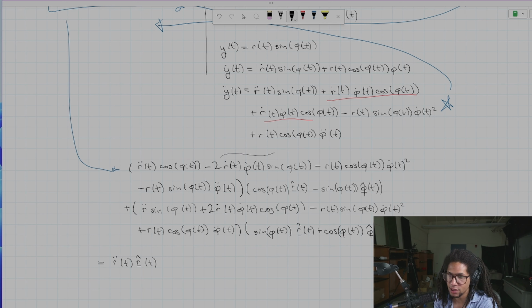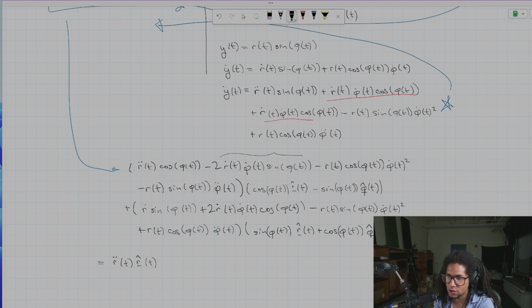Next, I have this term here. So let's see, this is minus r dot phi dot sine phi times cos phi times r hat plus 2 r dot phi dot cosine times sine. So the sine times cosine appears in both, but once with a minus sign. So the r hat term cancels. All right.